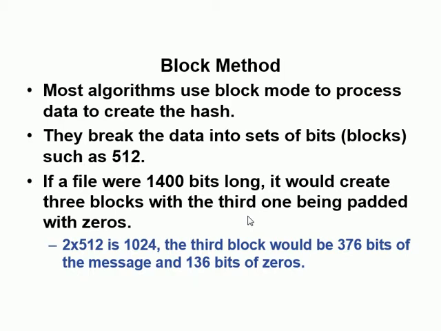Or 512 bytes rather. So you might be saying, well, gee, Brian, 1,400 doesn't evenly divide into 512. One of them is going to be a little bit smaller. Well, we have to pad that one with zeros in order to make them all evenly sized. And then we do some compression, and then it processes those blocks, and we end up with our hash.